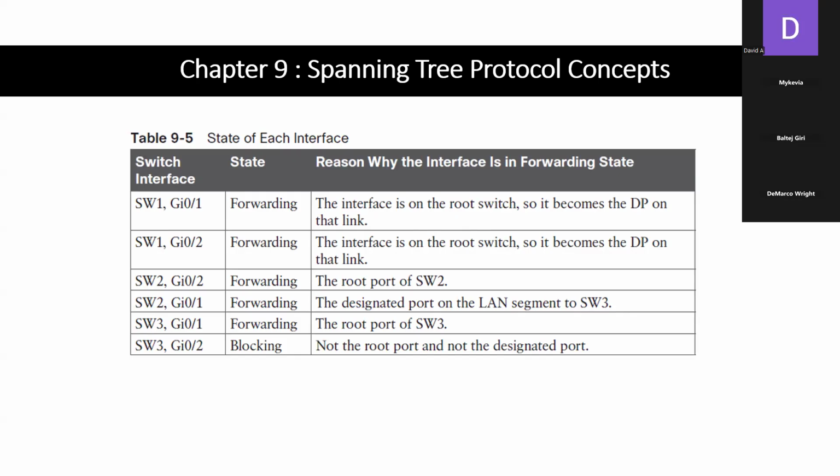We saw the election of the root bridge, the election of the root port, the election of the designated switch, and the election of the blocking port. Our switches do it in milliseconds. It took us a while to write that down and do it, but it took milliseconds on the switches. That's why it has the most expensive chips and all that stuff.